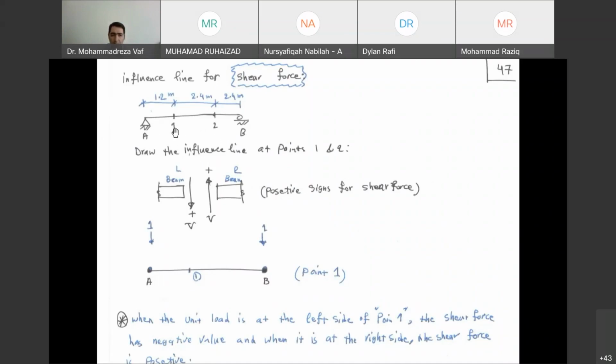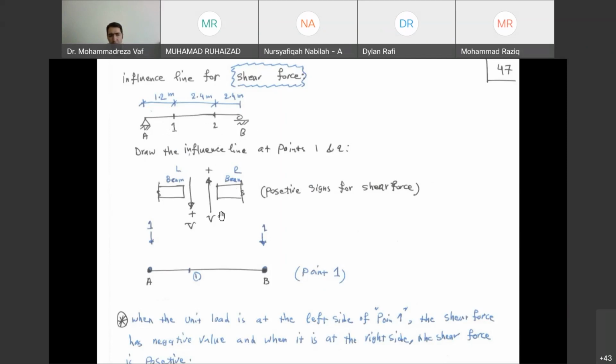So we want to see how the shear force at point 1 and point 2 is going to change when the load is passing from point A to point B. So this is our target right now. The shear force at point 1 is the first target. As I said, one by one, we need to do the calculation. First, we are going to look into the shear force influence line at point 1, and then after we calculate that one, we will look into the shear force influence line at point 2.